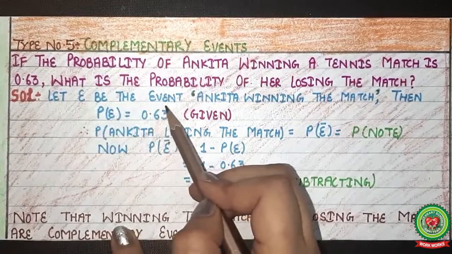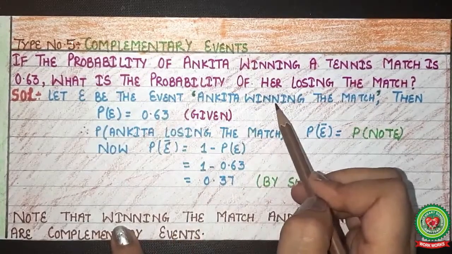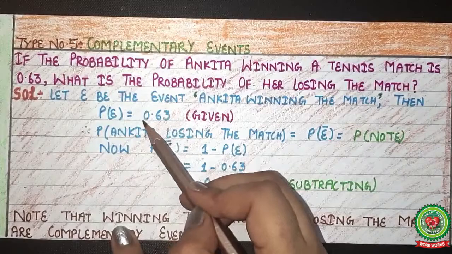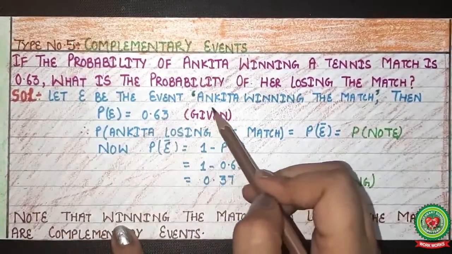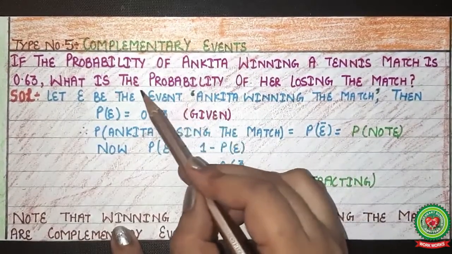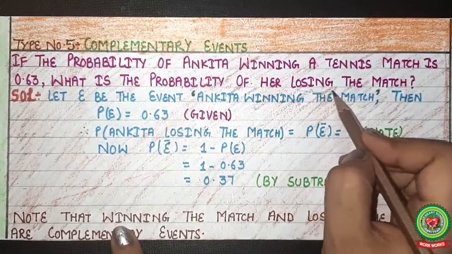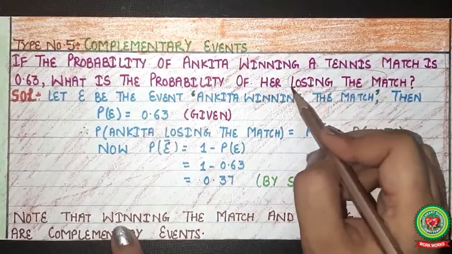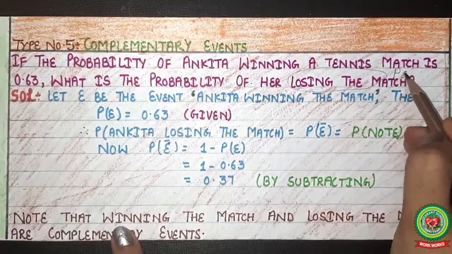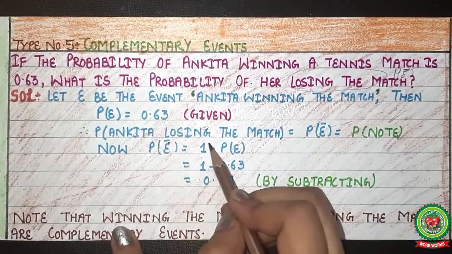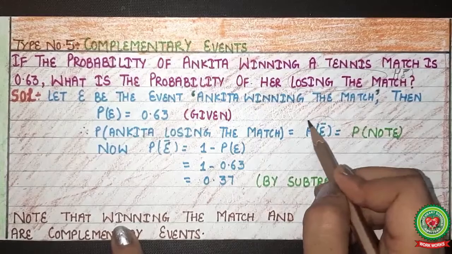Let E be the event, Ankita winning the match. Then P of E is equal to 0.63. It is given to us. We have to find the probability of her losing. It means we have to find P of not E.